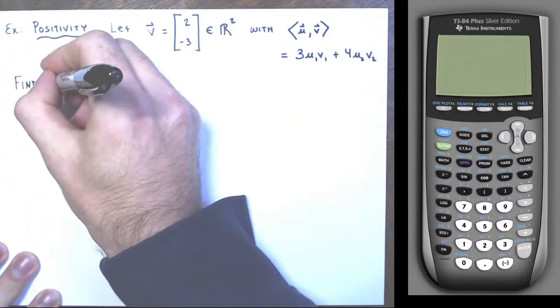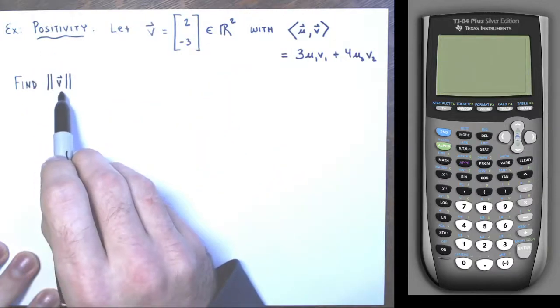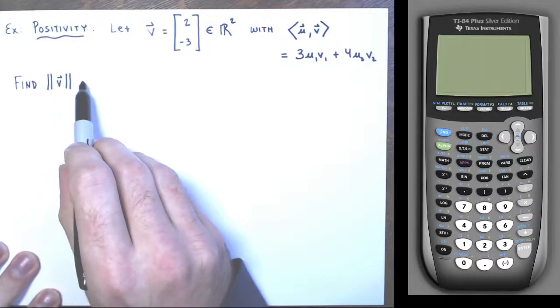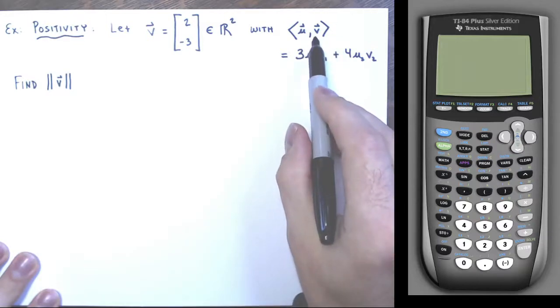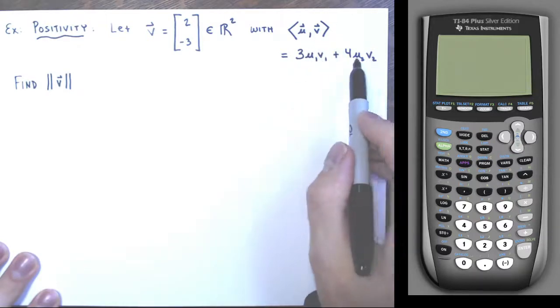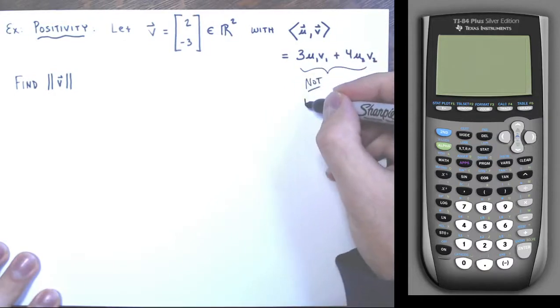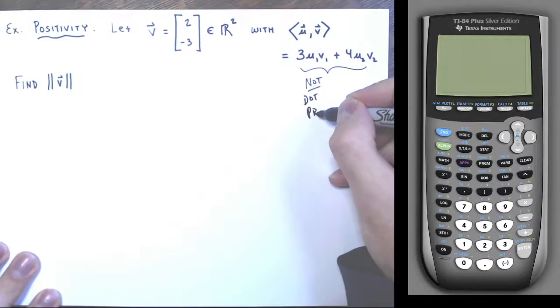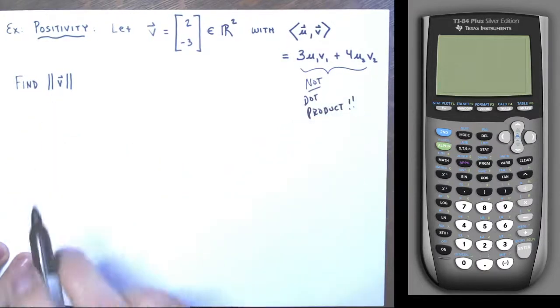So you have to really pay attention, because I know you're probably going to see this and say, hey, it's just the square root of 4 plus 9, the square root of 13. That is not the case this time. It's the square root of 13 when our inner product on the space is the dot product. This is not the dot product. So we cannot use that same formula for the norm of v.